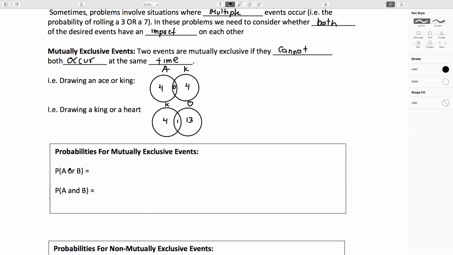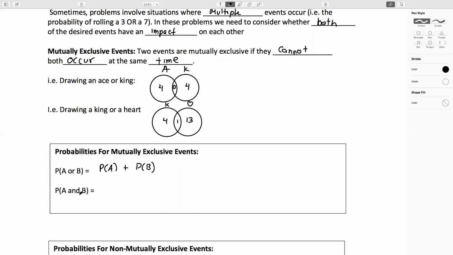If you have 2 events that are mutually exclusive, and you want to calculate the probability of one or the other happening, you have to add the probabilities of both. So the probability of A or B happening is given by the probability of A plus the probability of B. For example, the probability of drawing an ace or a king is the probability of an ace plus the probability of a king, because both of those could satisfy the requirements.